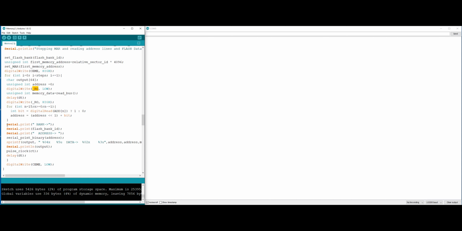However, here I have added a couple more lines so that we not only print the address and the value, we also print the bank ID, which we have passed to the function. That shows us on the screen which bank we're pointing at each point in time.